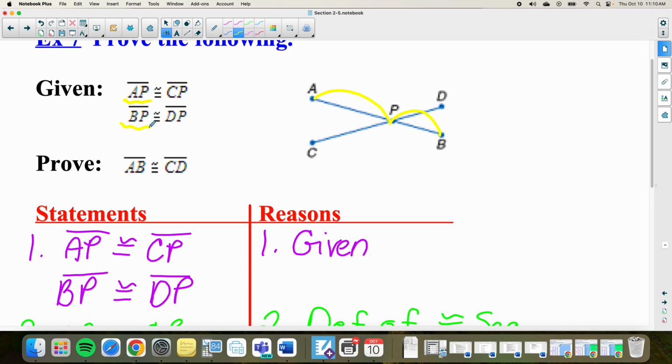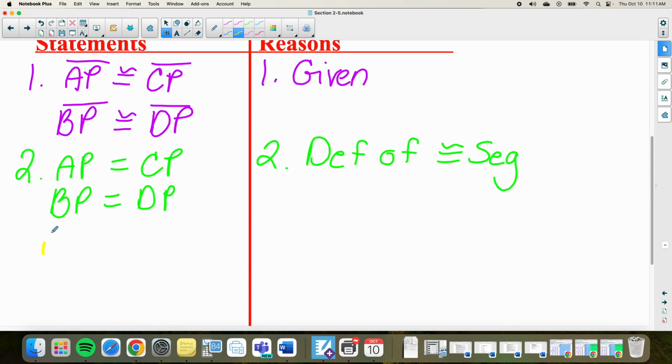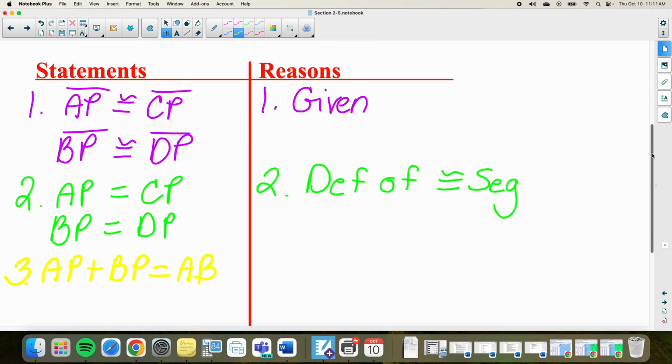And then when you do the whole thing here, the book calls it AB. So we're gonna say AP plus BP equals AB.